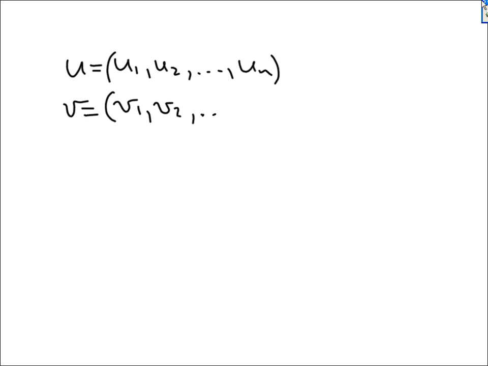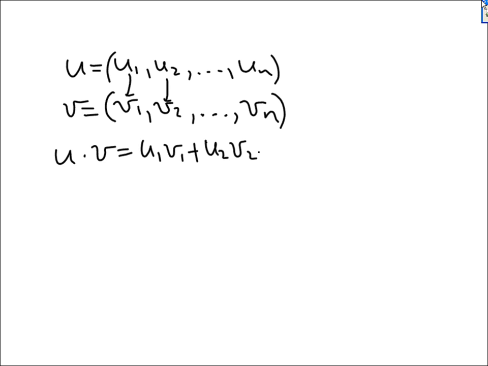If u is (u1, u2, up to un) and v is also in Rn, (v1, v2, up to vn), well then u dot v is, you multiply the first components together, plus you multiply the second components together, plus, etc. And then eventually you multiply the last components together.